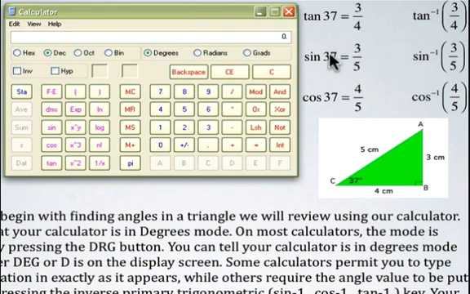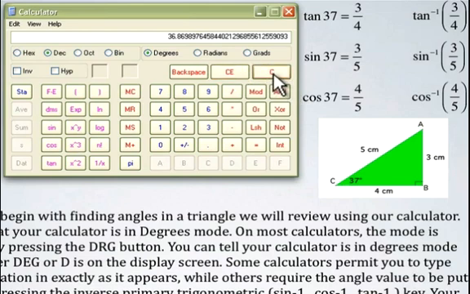Now we're going to calculate the angle measure using the sine ratio of 3 over 5. So again, 3 divided by 5, close the bracket, so that's 0.6, and then we're going to press inverse, and this time it's going to be sine, and we get the same number, which means that our angle is a 37-degree angle.